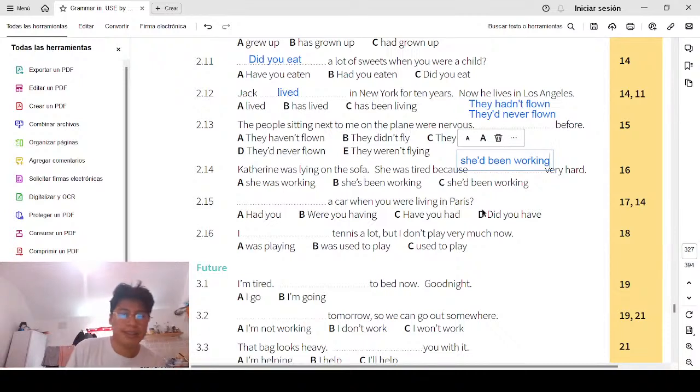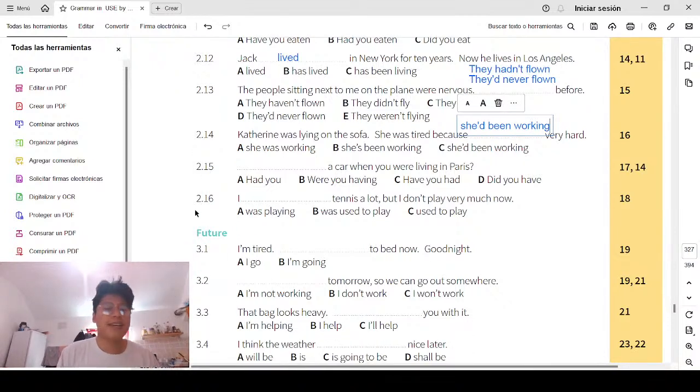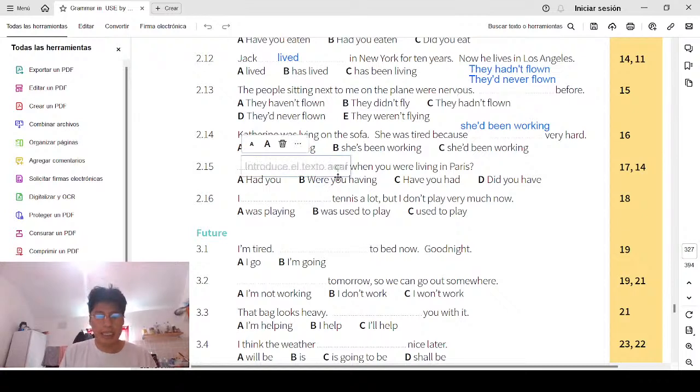Okay. Now, next. 2.15. Had you a car when you were living in Paris, or were you having a car when you were living in Paris, or have you had a car when you were living in Paris, or did you have a car when you were living in Paris? So that's a good one. In this case, it is did. Did you have a car when you were in Paris?